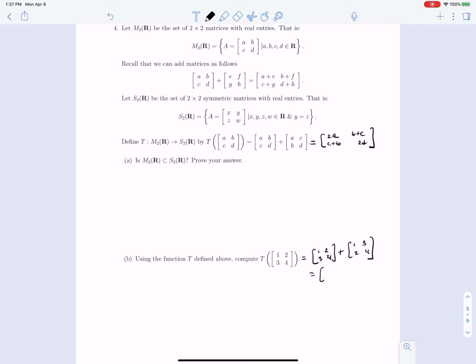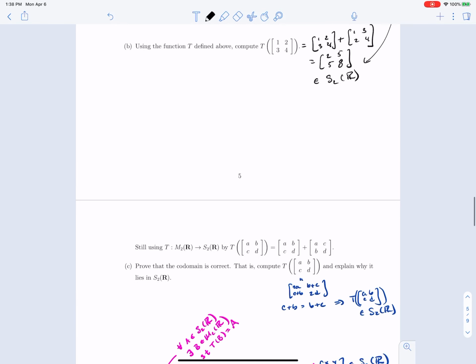And that's 2, 5, 5, 8, which if you notice matches up. So I have the corners 2a, 2d, and then I have b plus c and c plus b on the diagonals. And I notice that that is indeed a matrix sitting inside of S2R.